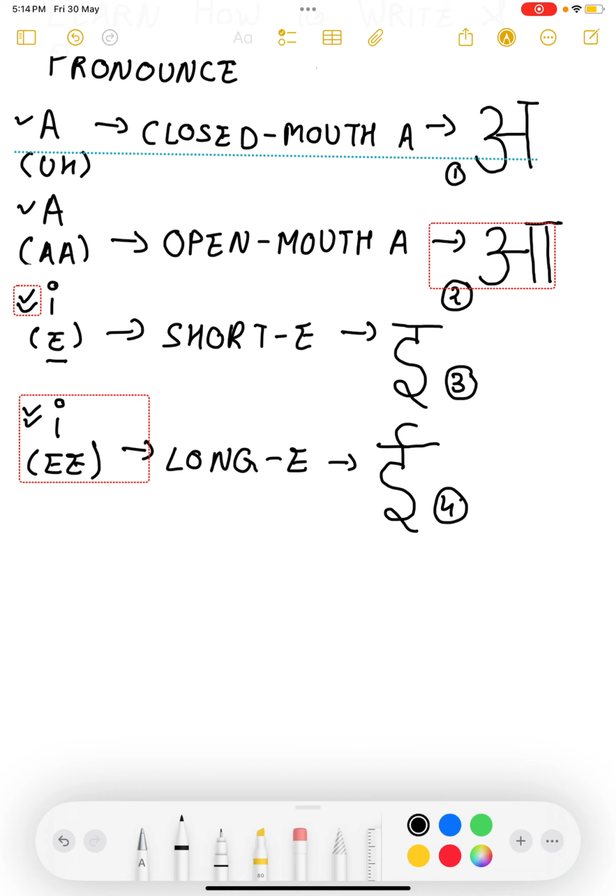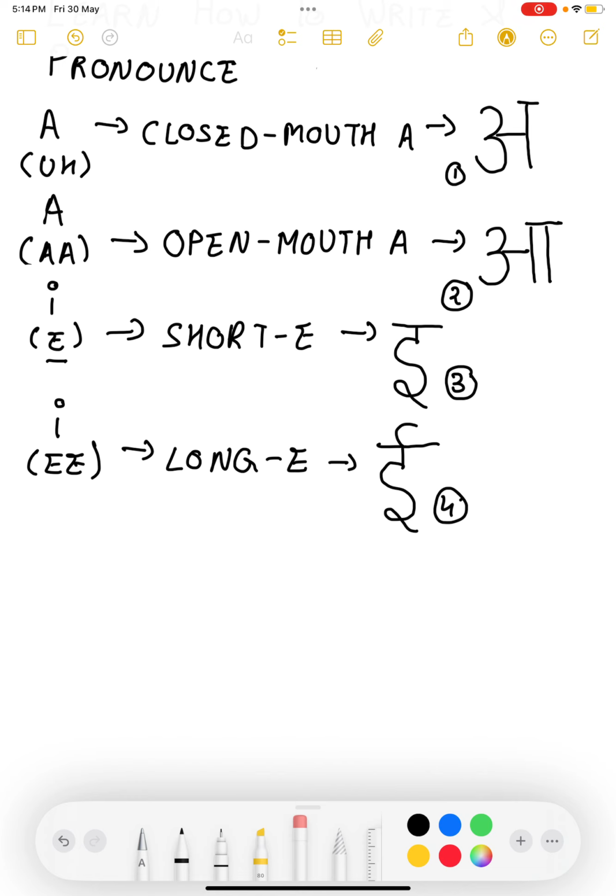Usually you would see people spelling it with these letters. And in brackets you are seeing how they are pronounced. So the first one is A, then we have A, E, E.